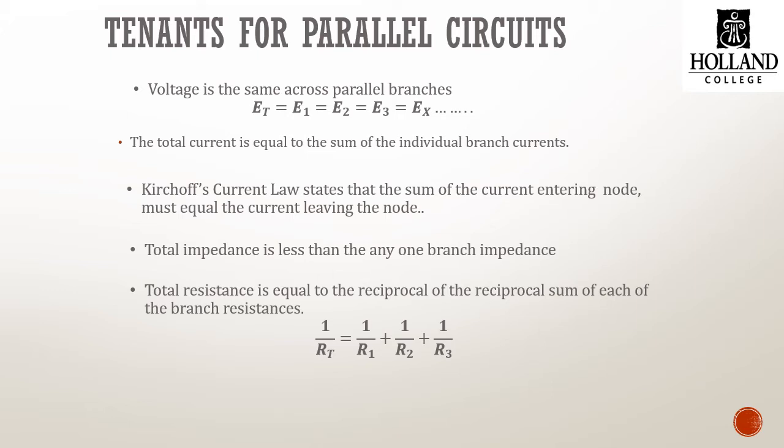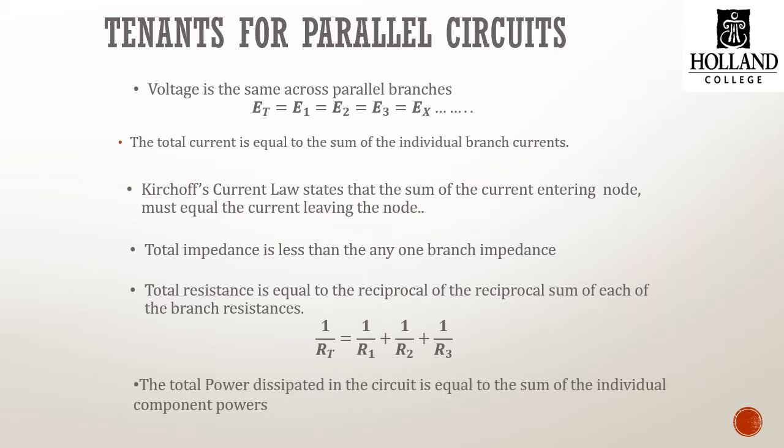When looking at the impedance, it is again a reciprocal sum that adds vectorially. But as always, power always adds. That relationship is going to play a bigger role in the next few minutes.